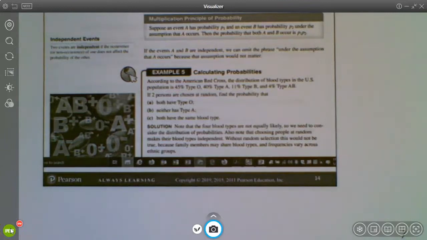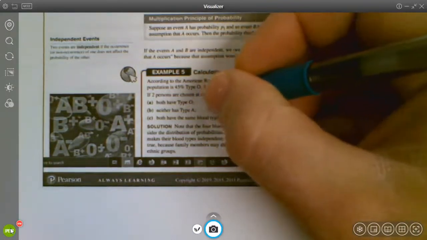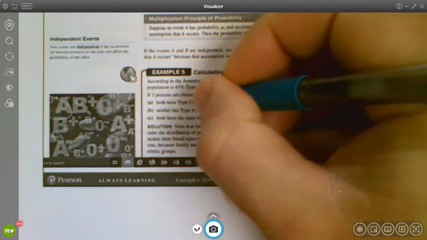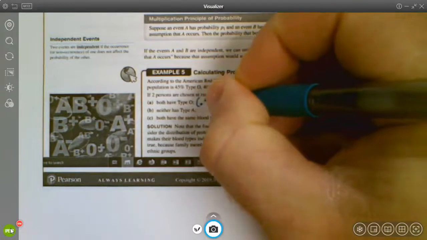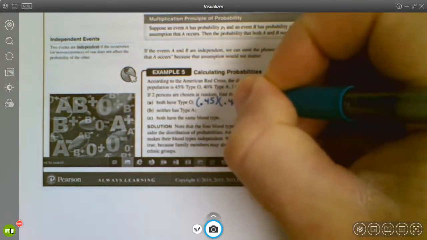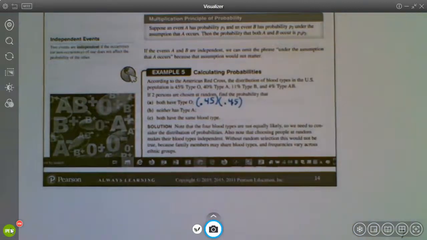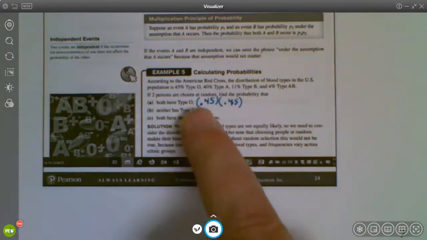If it's 45% likely to happen, then it's 45% likely to happen on each one separately, right? And so just to look at the two, we would say, well, there's a 45% chance that the first person is type O, and a 45% chance that the second person has type O. So we would just multiply those together to get our results. The probability did not change no matter what this one is.